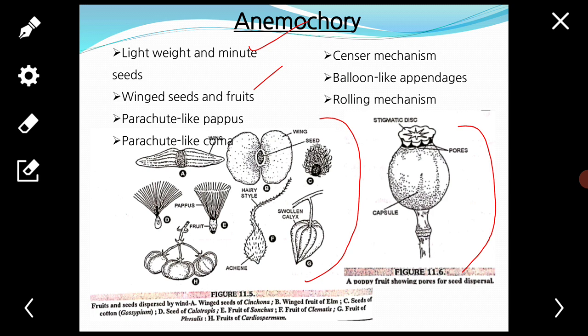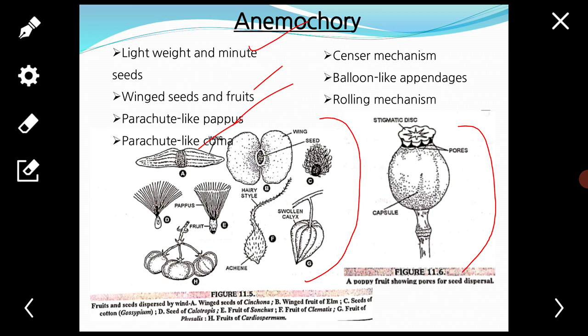Next, parachute-like pappus. The fruits develop parachute-like pappus by the modification of persistent calyx. Example, members of composite, Sonchus, Cosmos, etc. Next, parachute-like coma.